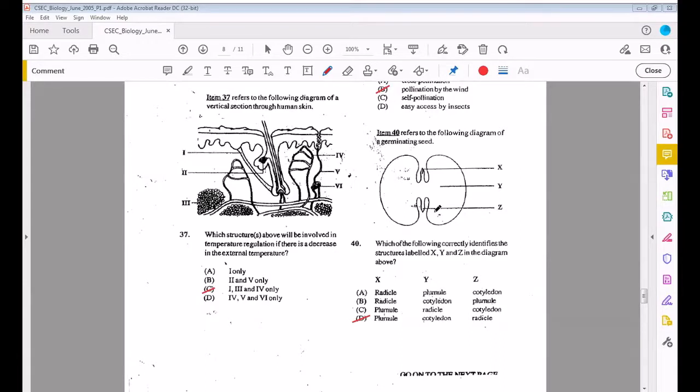The hairs on our skin are going to stand to minimize the amount of heat that we are losing, right? So what is going to take part there? We'll have C, which is 1, 3, and 4. 1, the muscle, 3, and 4, right?